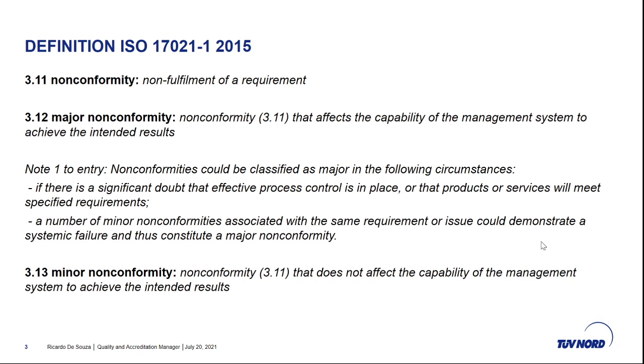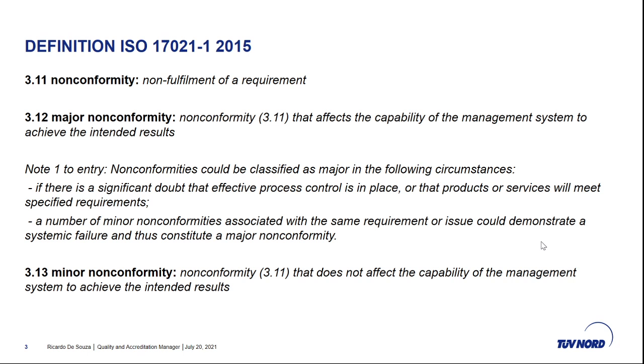So every time you see that something should be done in a certain way, because this is a requirement, and you don't see evidence that it's being performed appropriately, it's a nonconformity.